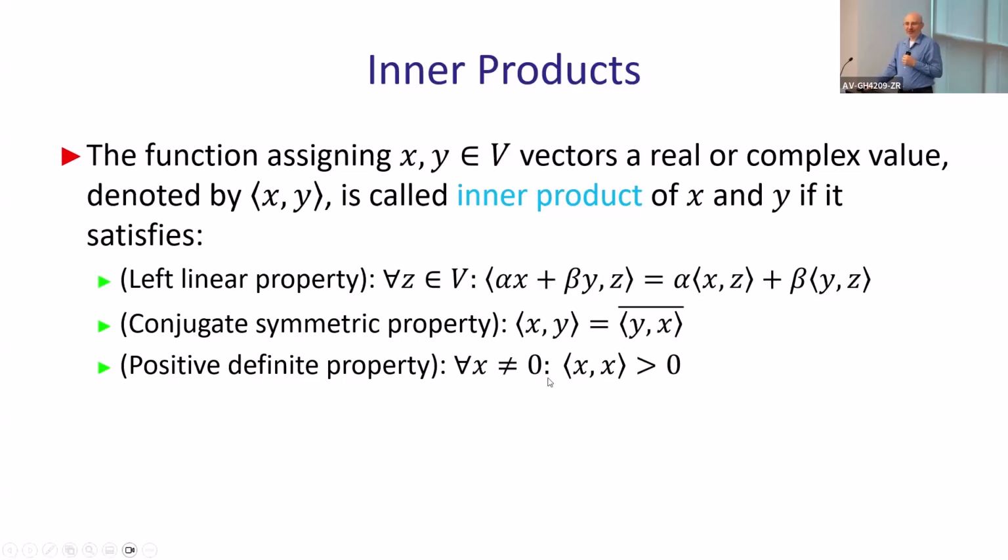All right. And then the positive definite property. We will talk about positive definiteness a lot when we talk about positive definite matrices, which are very important in controls. But here it's a little bit different, though the property is very similar.